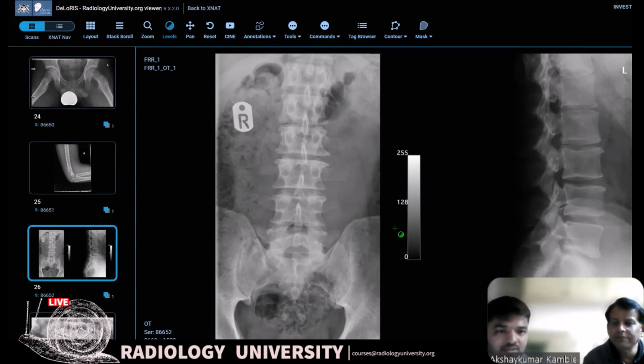Number 26. This was again a normal one, but some of you mentioned something like Paul gas. Some of you were going on about degenerative changes, but those are normal.